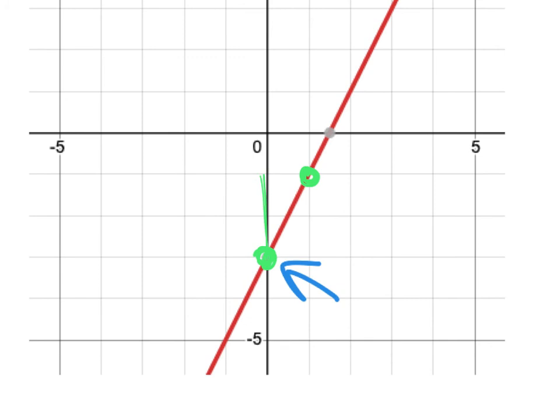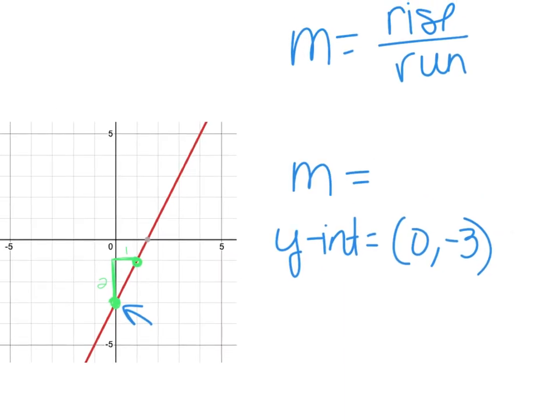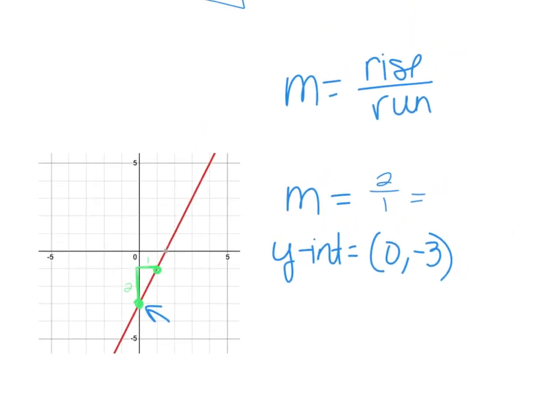So this looks like it rises 2 and it runs 1. And double check, this is a positive slope, it's going up, right? So rise over run, it'd be 2 over 1, which if you want to leave it like that, it's okay, or you could reduce it to 2.